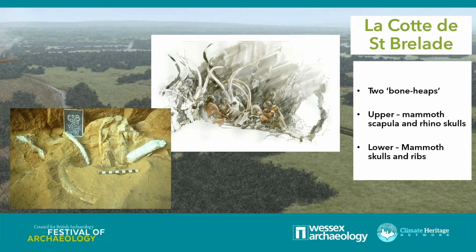The site's famous for two bone heaps, which are these accumulations of faunal remains, and they're unusual accumulations which consist of specific elements of specific animals. There seem to be two bone heaps, an upper one which is dominated by the scapula of mammoth with some rhino skulls emplaced on top of it, and the lower one which consists of at least, I think it's 13 mammoth skulls alongside a large number of ribs.